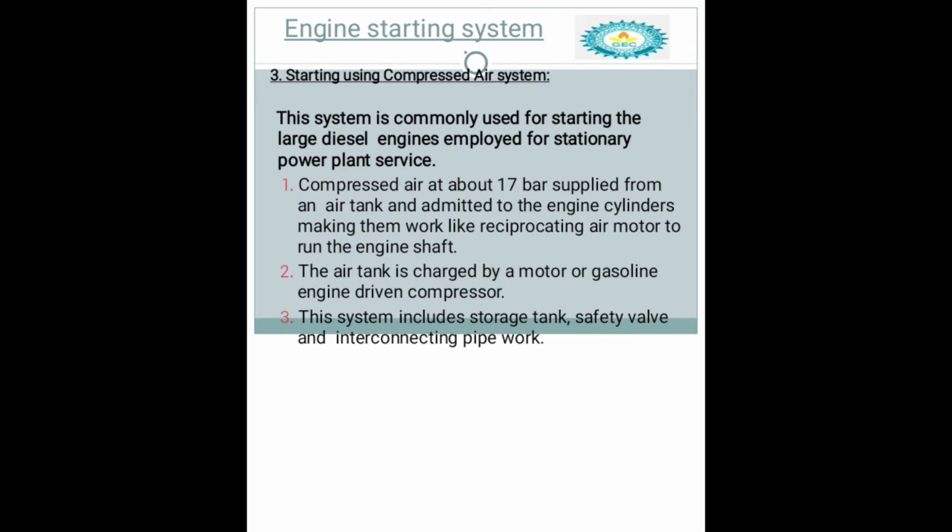The air starting system uses a valve arrangement to admit pressurized air at above 20 bar to a few of the cylinders, making them act as reciprocating air motors to run the engine shaft. Admitting fuel oil to the remaining engine cylinders helps the engine start under its own power.